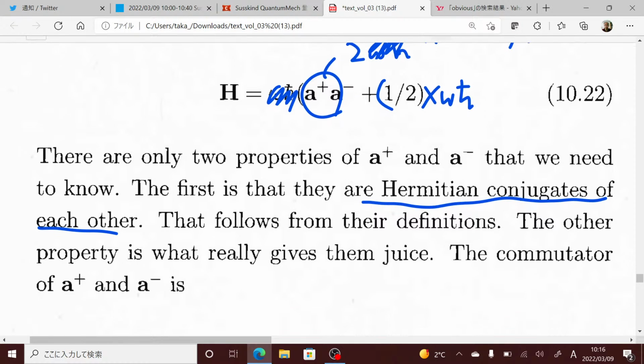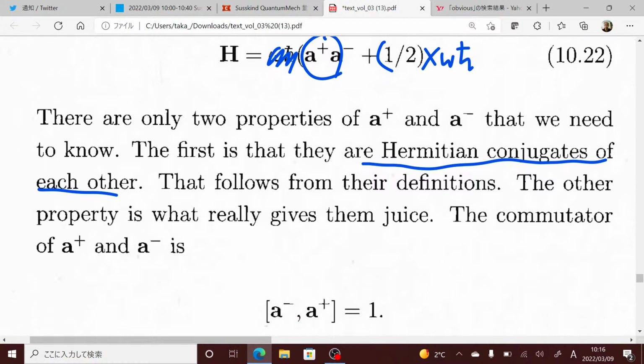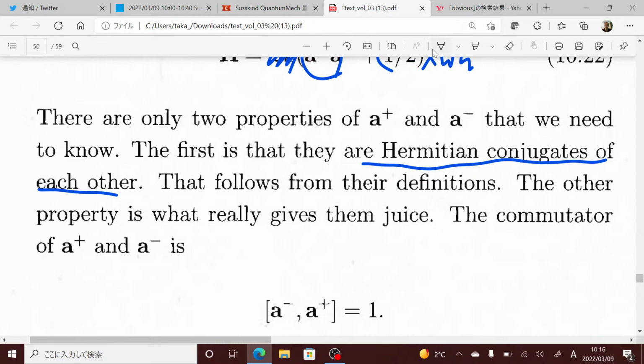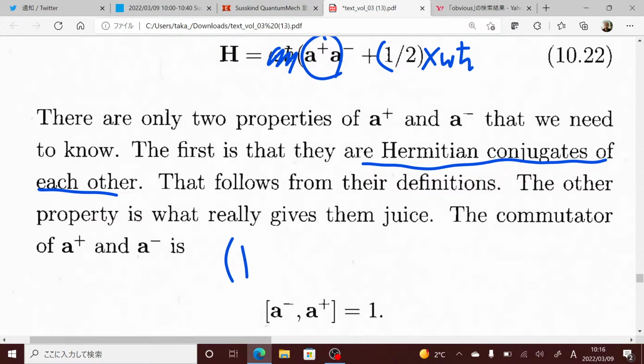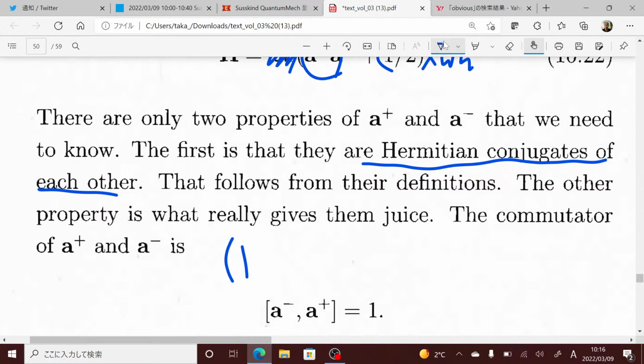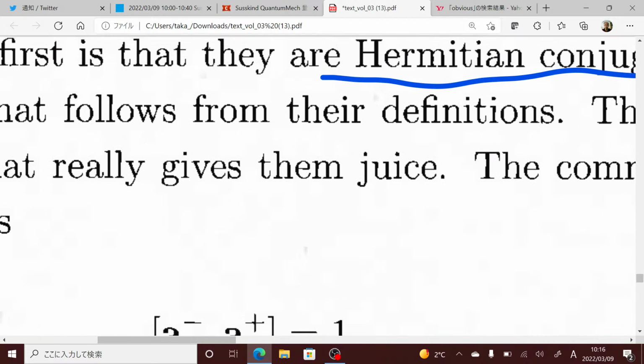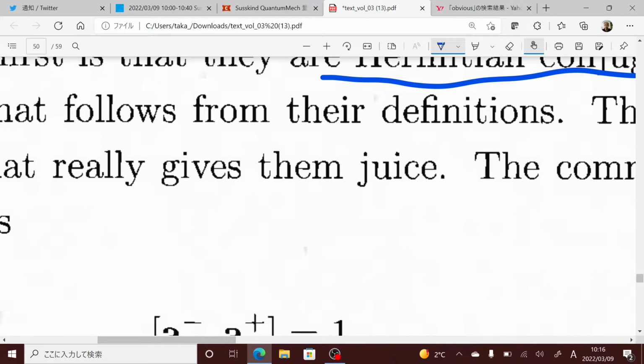That follows from their definitions. Okay, I can show you. So I think we have to do it this way.